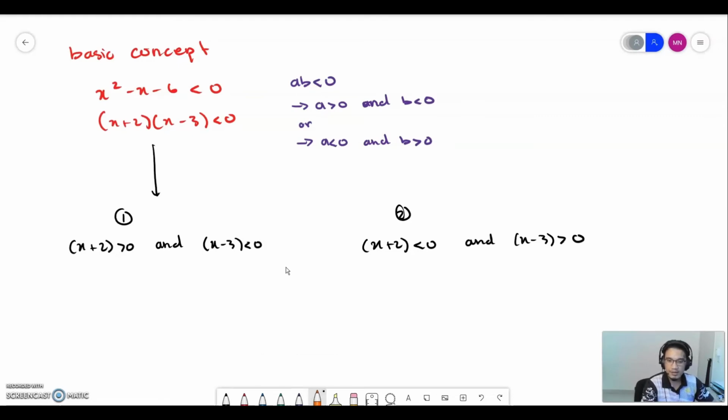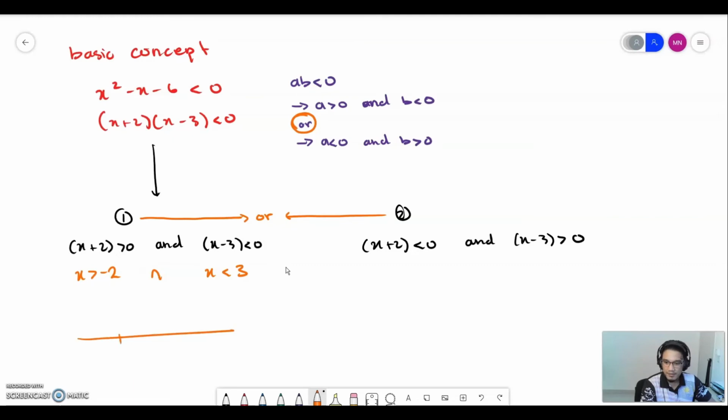Don't forget the or in between those two, a bigger than 0 and a less than 0. So the relationship between the first part and the second part is or. We will see later what we will do to our answer. So now x is bigger than negative 2 and x is less than 3. So we have negative 2 and we have 3 right here.